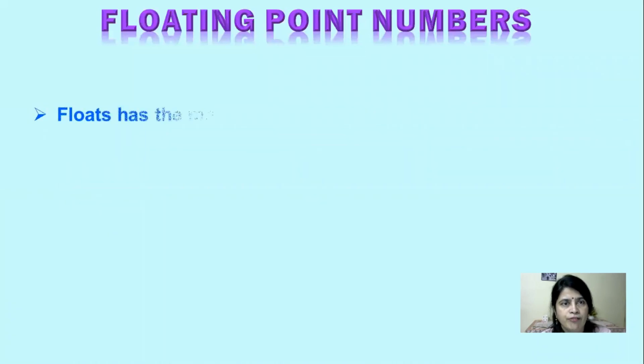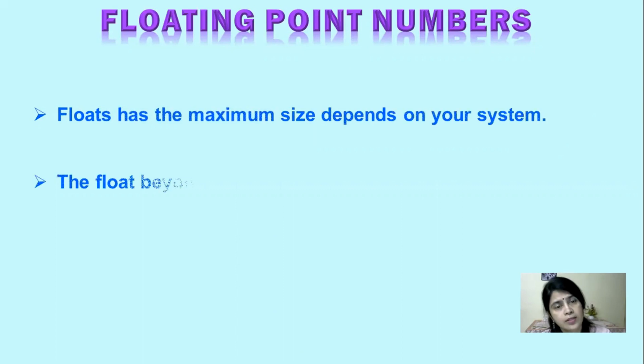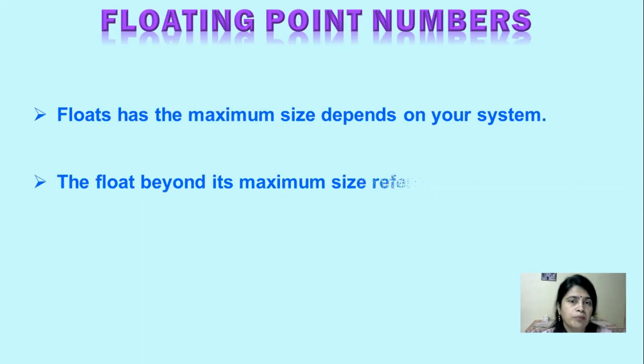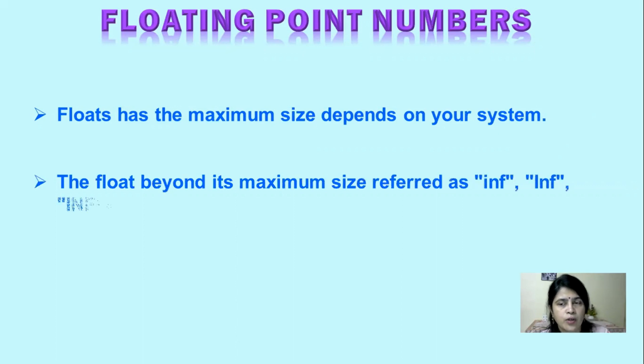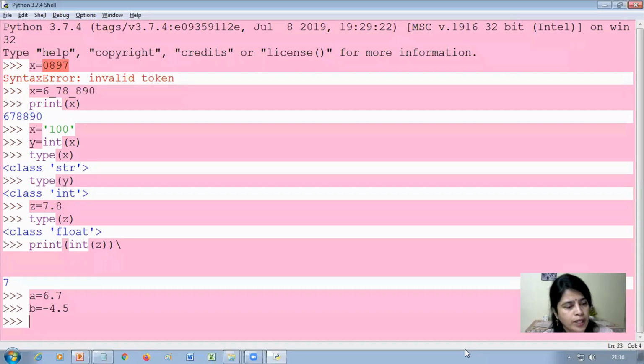Next, the maximum size of floats depends on your system. A float beyond its maximum size is referred to as infinity, that is either INF in uppercase, or infinity in uppercase or lowercase. Let us see what I mean by that.